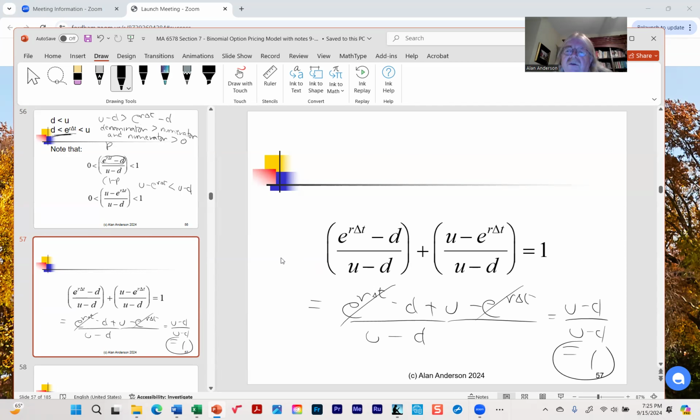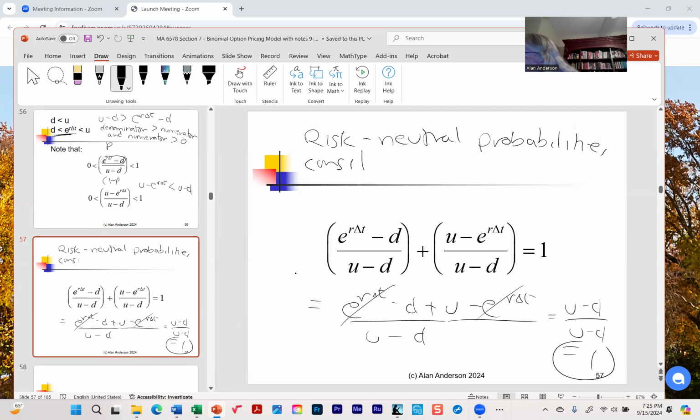Now, they're not real world probabilities. They're what we call risk neutral probabilities. And let me show you what that means.